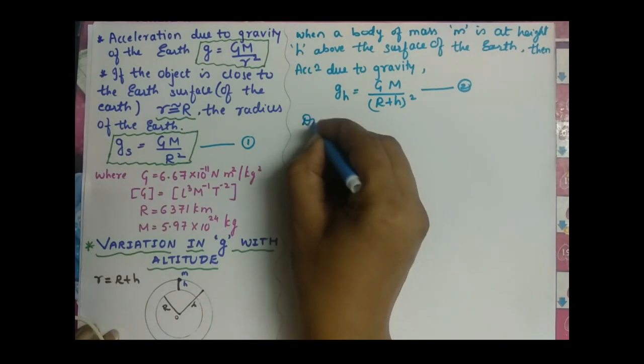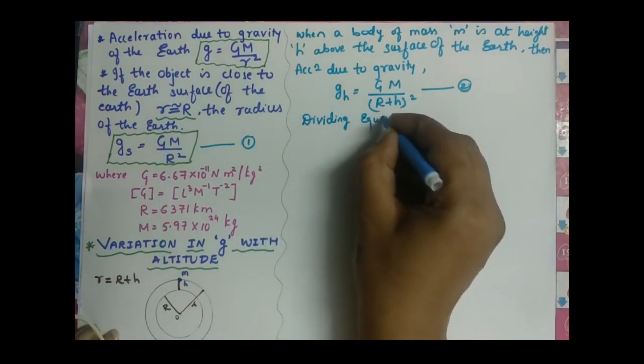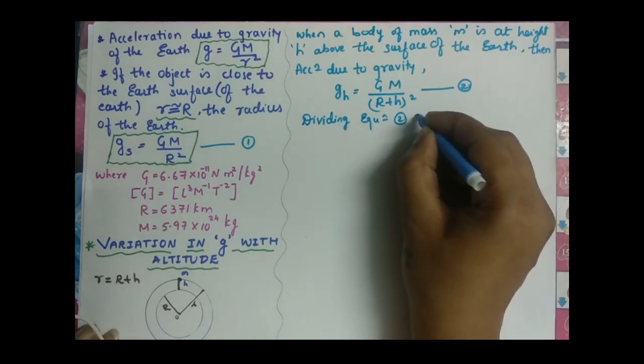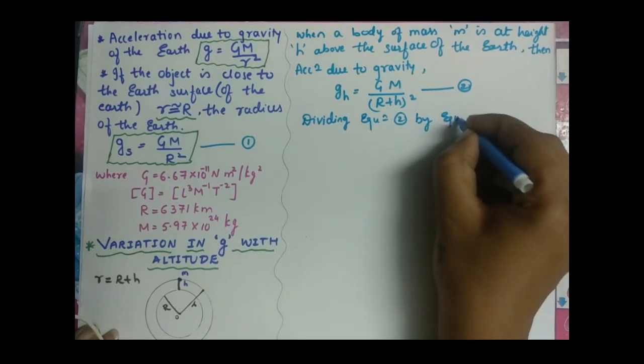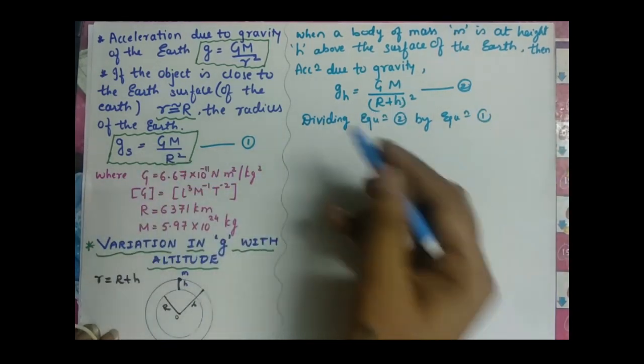Dividing equation 2 by equation 1, so you have to divide this equation by this.